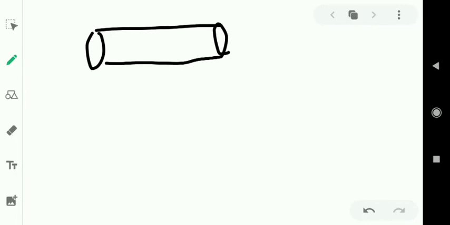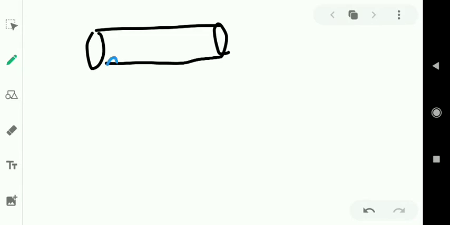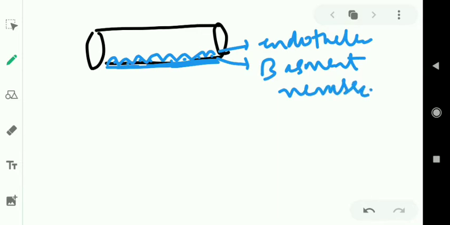In the lumen you will have the endothelium. The endothelium is lying upon the basal lamina, or you can say basement membrane.